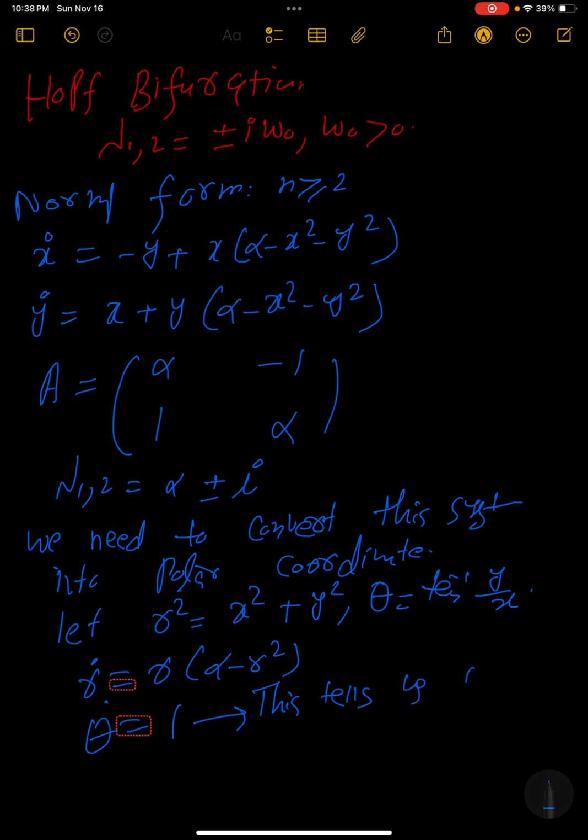and this tells us the direction, clockwise or anti-clockwise. Now to discuss the stability we will focus on r dot is r alpha minus r square.